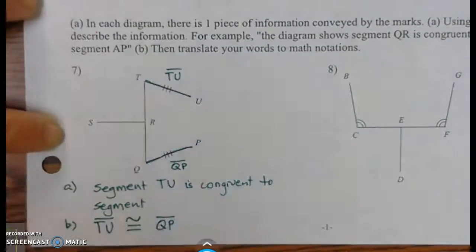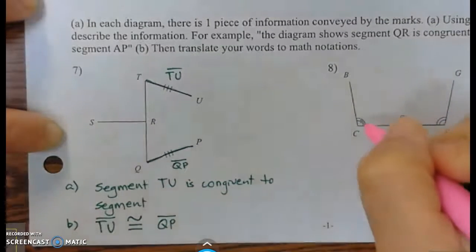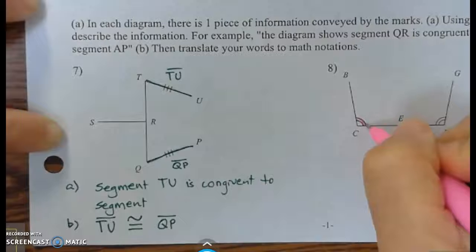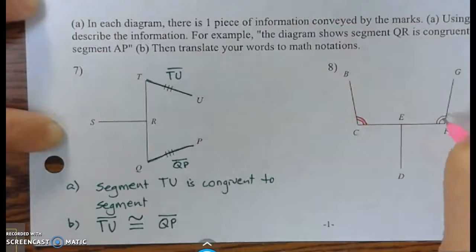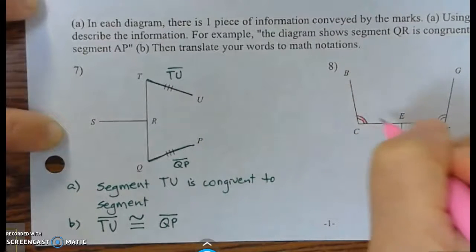Now what do we have here? We have the angles that are the same. What do we call this angle?